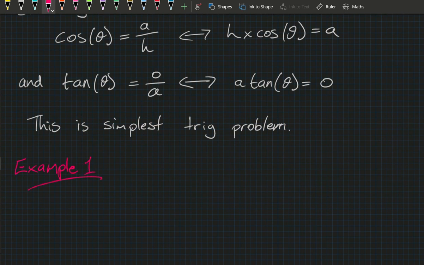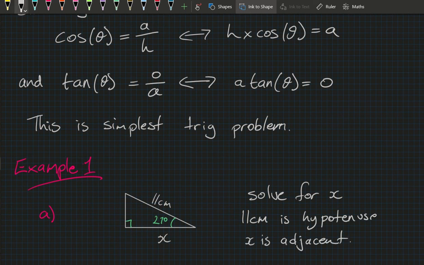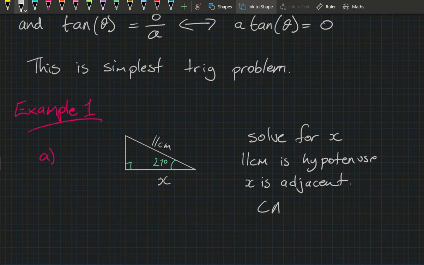So in part A, we have a right angle triangle, and we've got this angle 27, and the hypotenuse is 11 centimeters. So in this question, we're asked to solve for x. Here we know that 11 centimeters represents the hypotenuse, and x is adjacent to that angle. So with hypotenuse and adjacent, we use CAH, as in cos of 27 is equal to adjacent over hypotenuse.